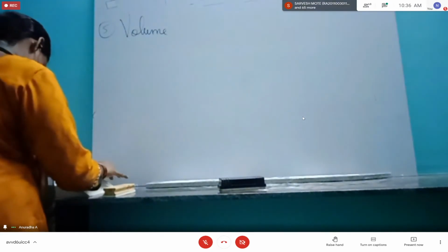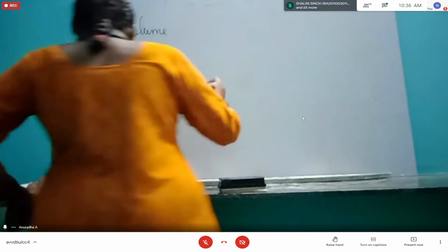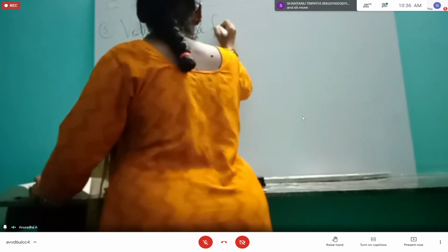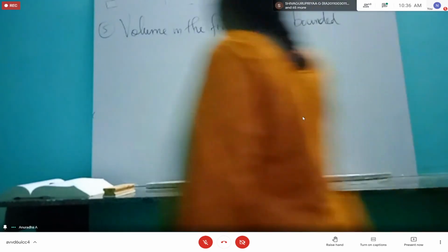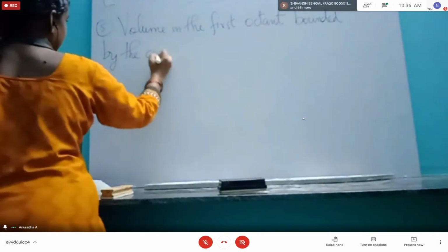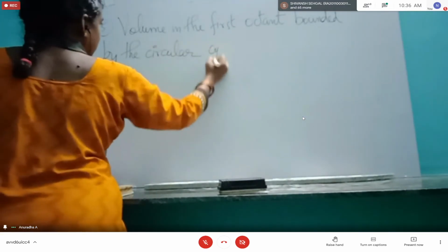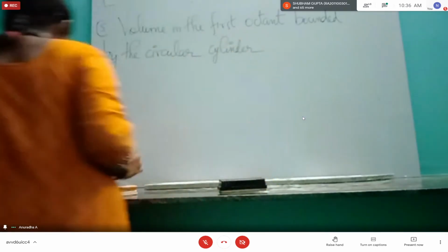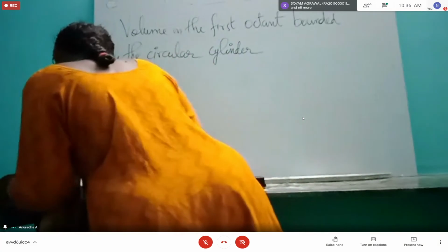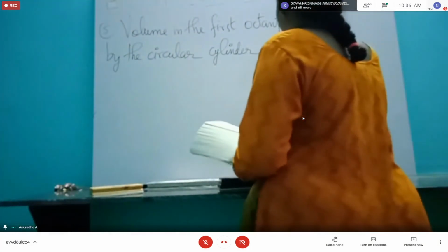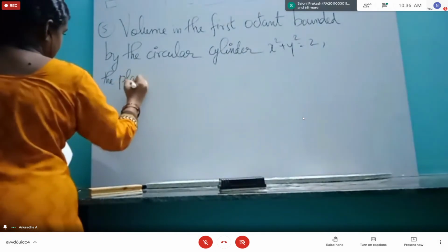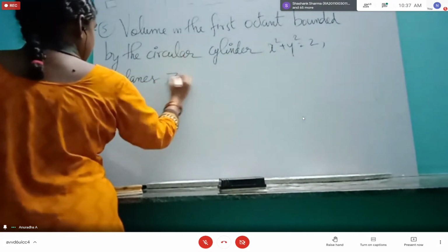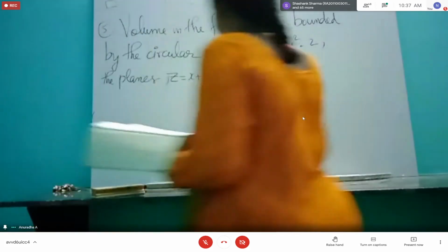Where is that question? Volume in the first octant. Upper part is not visible.